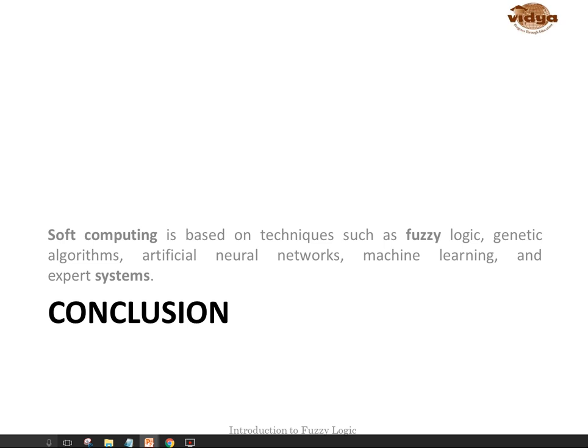We all know that this particular fuzzy logic concept actually evolved way back in the 1920s, and it was first brought to the academic world by Dr. Latif Ali Zadeh, a professor at UC Berkeley in California, in the year 1965.